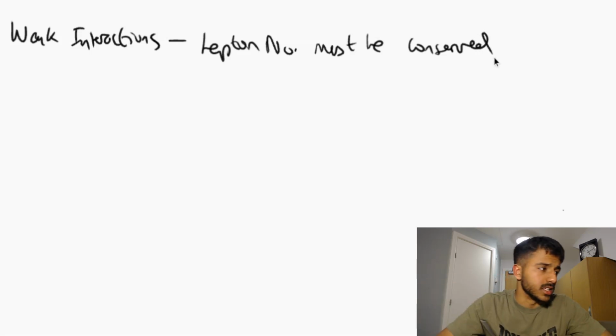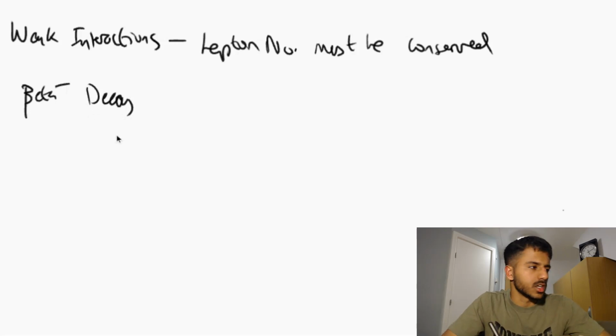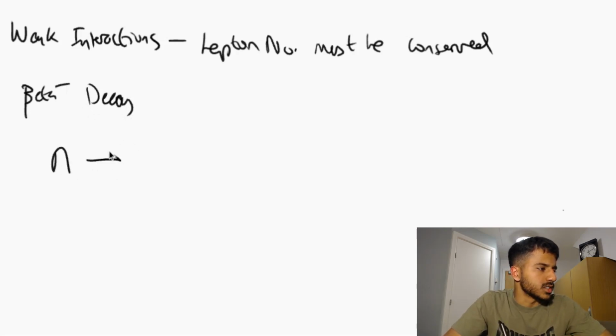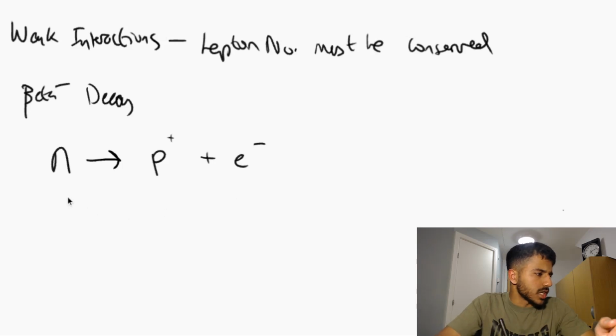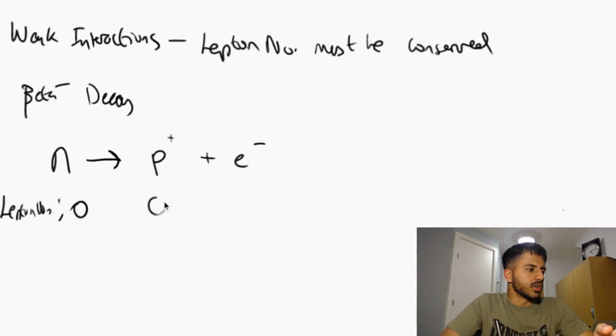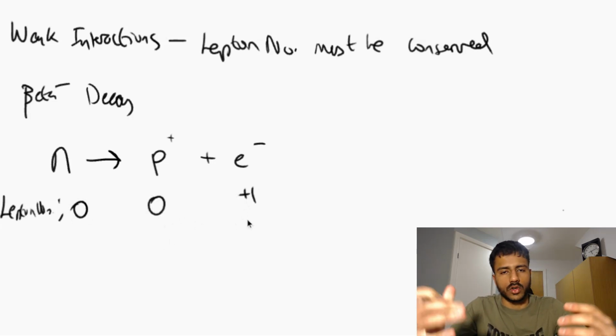Now, there are some decays. Let's look at something called beta minus decay. In this case, a neutron gets converted into a proton and an electron. And in a decay like this, if you looked at the lepton number, well, the lepton number of a neutron is 0. It's 0 for a proton and it's +1 for an electron.